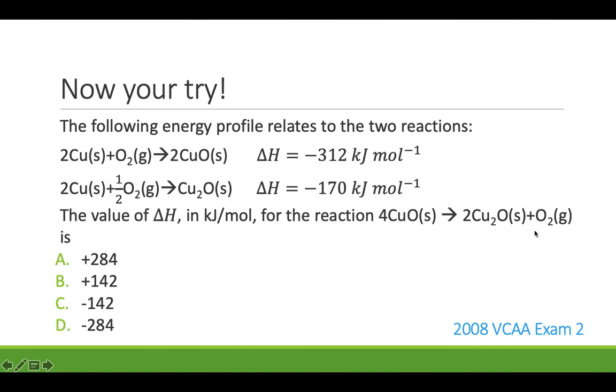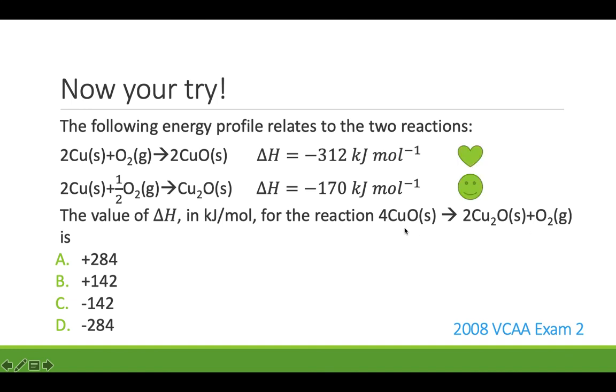What is this? Well, if you look closer, you realize that this reaction is somehow the combination of these two. You have copper(II) oxide here, you have copper(I) oxide here. It seems that if you reverse this reaction and manipulate this one to get rid of the fraction, you might be able to find the final equation.